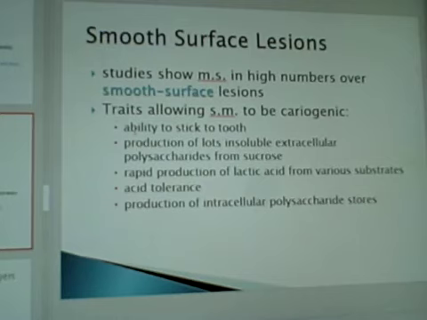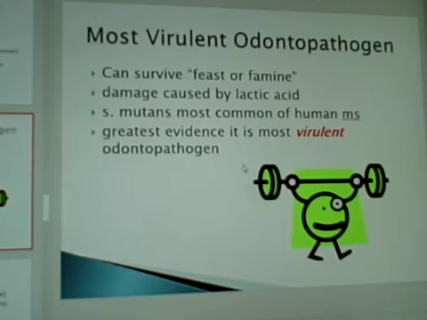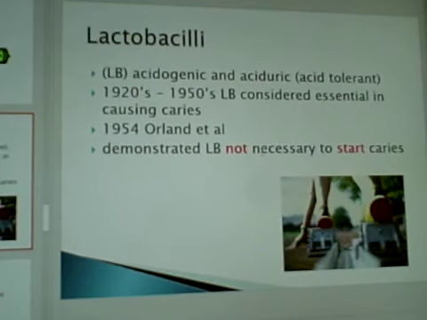The traits of the strep mutans bacteria allow it to be cariogenic. And it's very virulent because it can survive feast or famine. It's damaged by lactic acid, and this is the most common human bacteria. It's very virulent. So the strep mutans are the primary cause of caries.